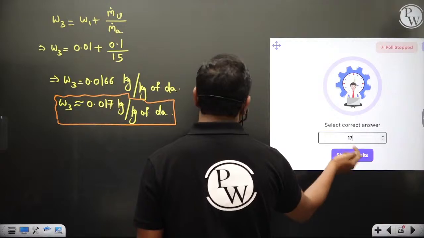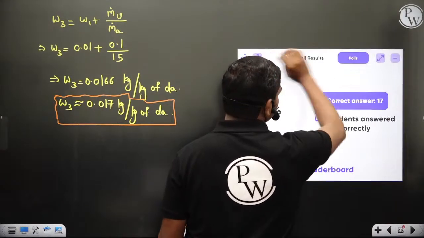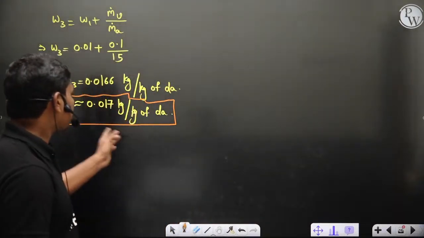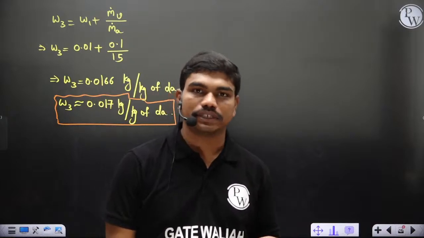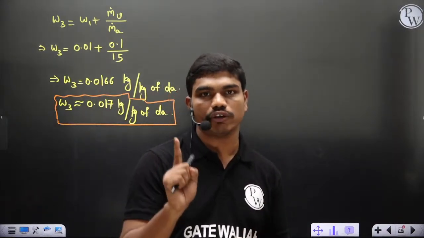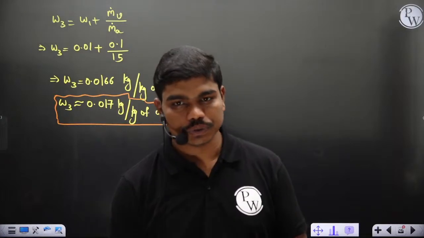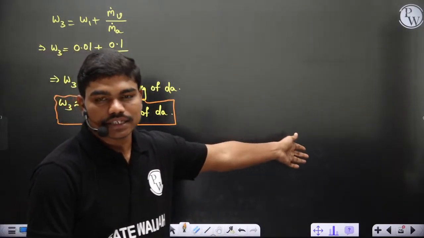I know some of you might be entering 16 also because we don't have decimals here. But anyway, I understand. Some of you might have entered it as 16, things like that. But this is the correct answer. 0.017 means roughly 16.66 grams of vapor is present in 1 kg of dry air. Yes, 16 you have entered. Okay, fine. No issue. I understand because I cannot check the decimals in the chat box.